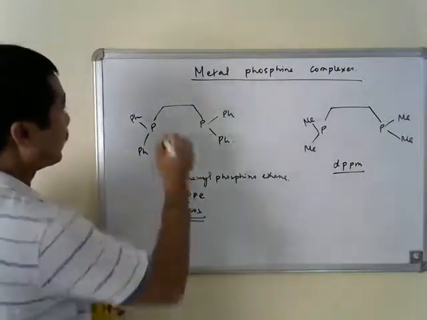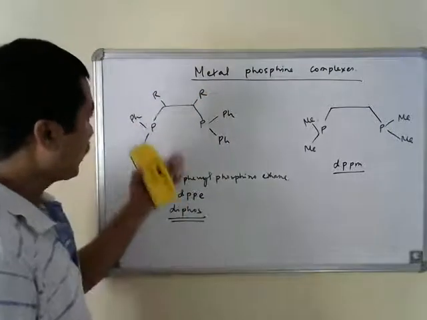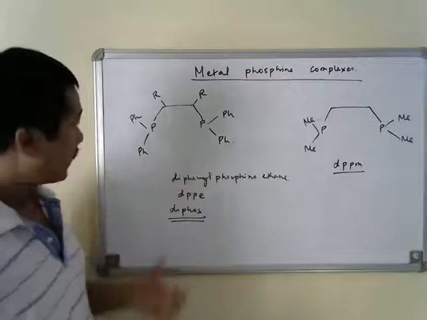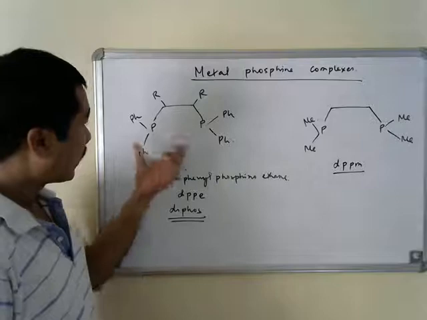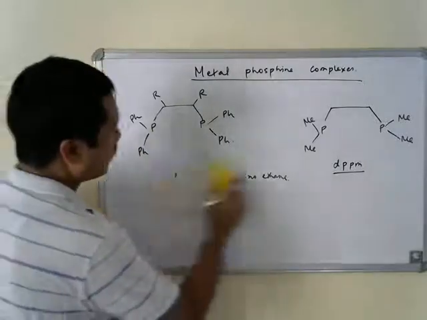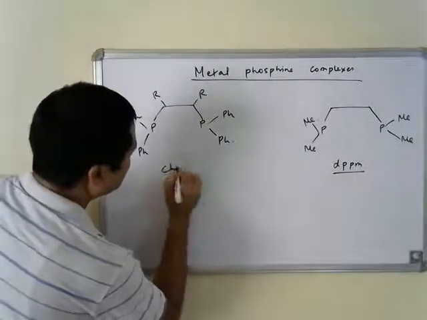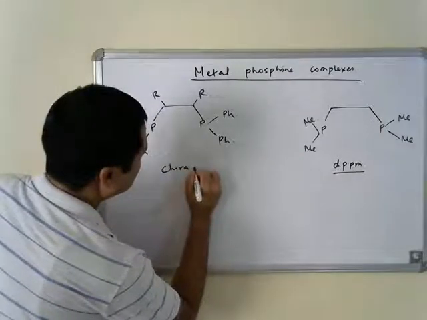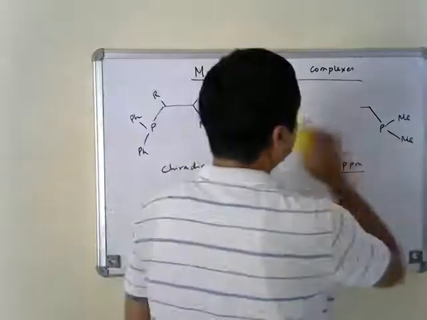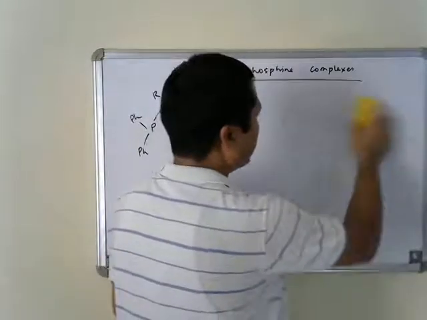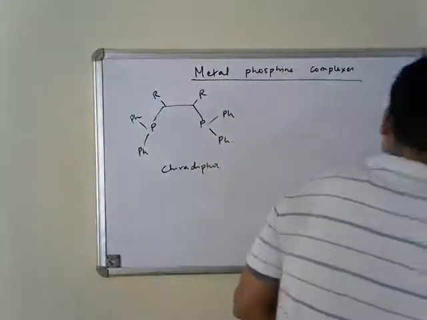So for example, you can use chiral ethanes instead of non-chiral ethane, and then you can have chiral phosphine ligands or chiral diphos ligand, and that is why this ligand is again abbreviated as chiraphos. There is another interesting chiral diphosphine ligand which is again commonly used in many catalysts.